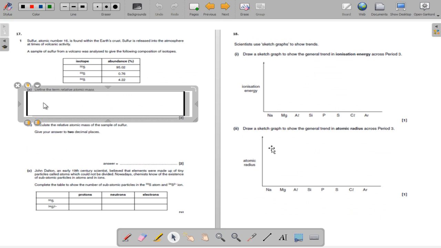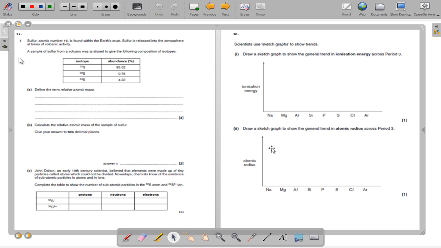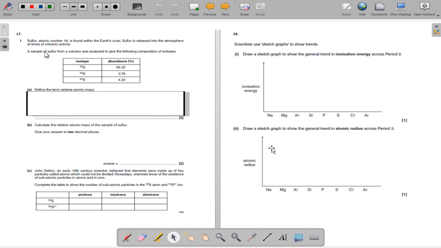And for question 17, now we look at sulfur, and we need to find the relative atomic mass of the sample of sulfur. We need to define relative atomic mass, and we need to write in the proton, electron and neutron numbers for 33 sulfur and 34 sulfur 2 minus.